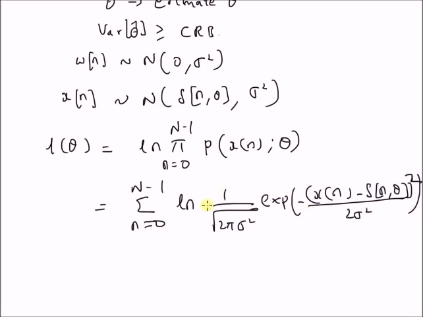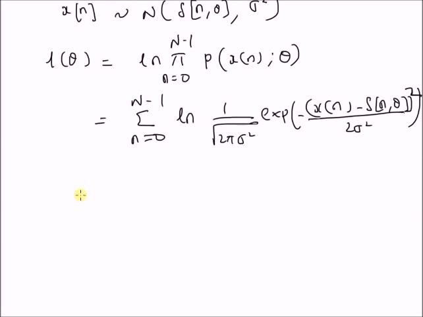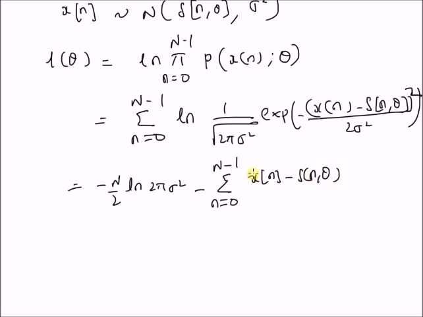So this is the log likelihood function. Upon simplification, this becomes minus n by 2 logarithm of 2 pi sigma square minus summation n equal to 0 to n minus 1 x of n minus s of n comma theta whole squared divided by 2 sigma square.